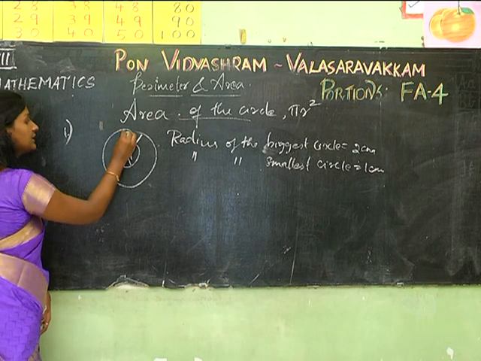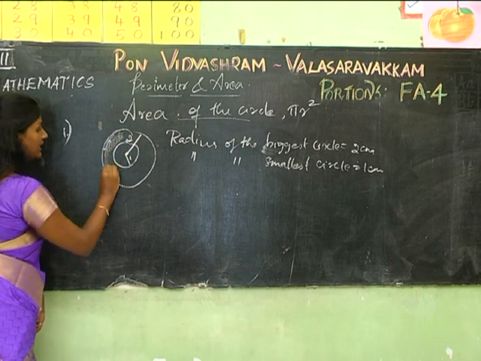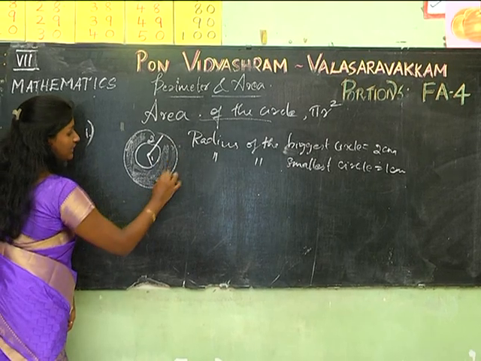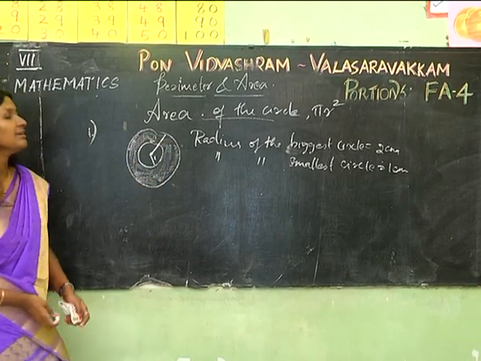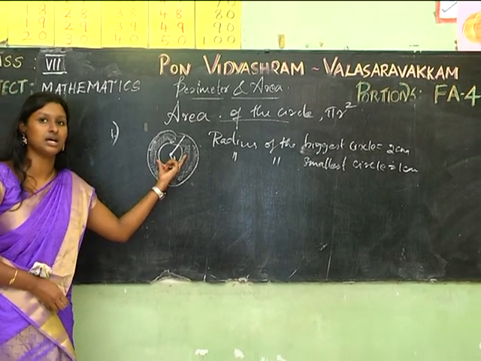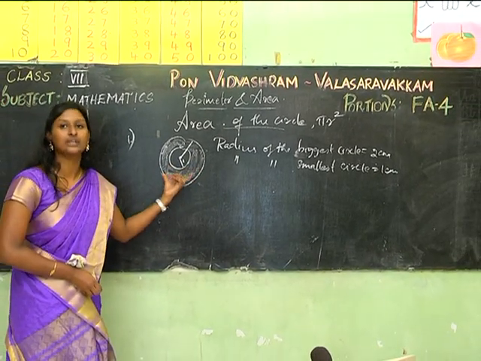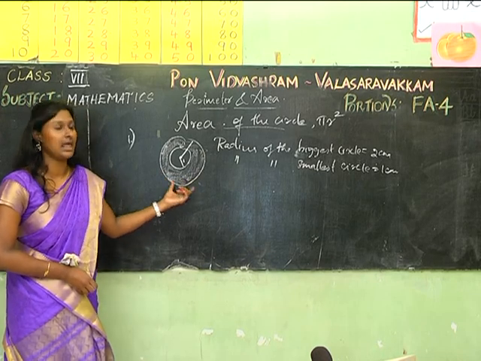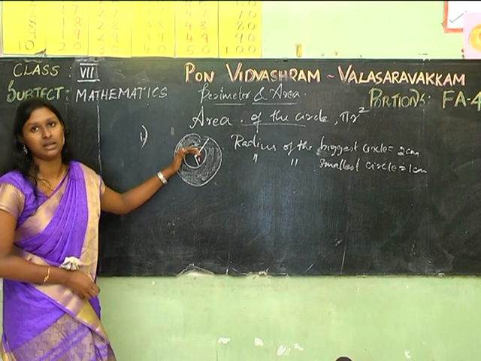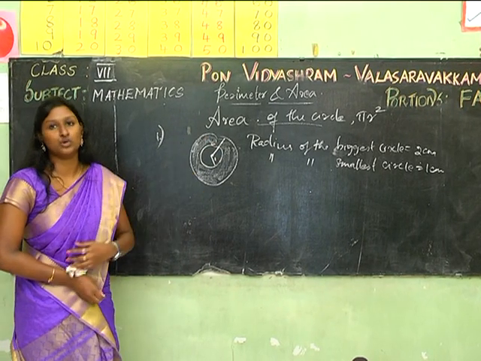We are supposed to find the area of the shaded region. So how will I find the area of the shaded region? Let me give a structure of the problem. If I find the area of the smallest circle and also the area of the biggest circle, and I subtract the area of the smallest circle from the area of the biggest circle, I will get the area of the shaded portion.